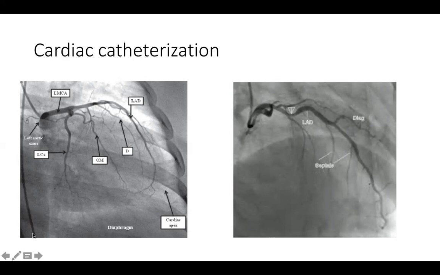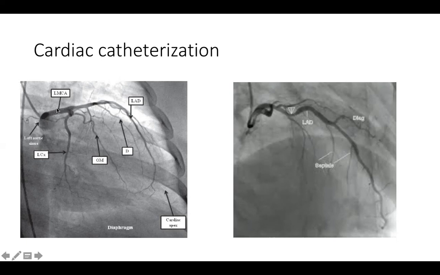It's coming from below, from the femoral artery, going up in the descending aorta. In the part that is not in the image, the catheter goes into the aortic arch, then rotates and goes down in the ascending aorta.